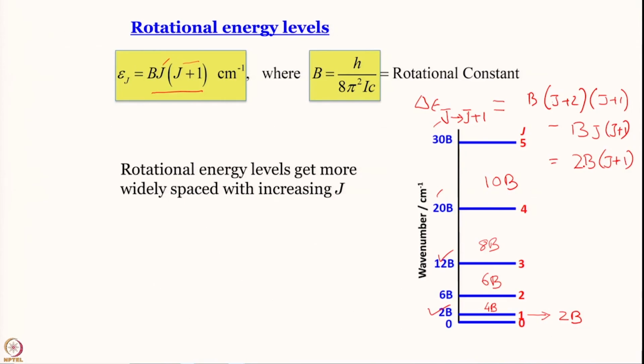Okay. So, the energy gap keeps increasing as you go higher up the ladder in the rotational energy manifold. Does it remind you of something? Reminds me of particle in a box, that is exactly what happened there also. Now, this has profound implications in rotational spectroscopy.